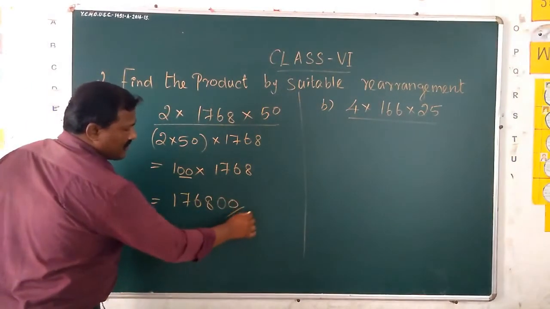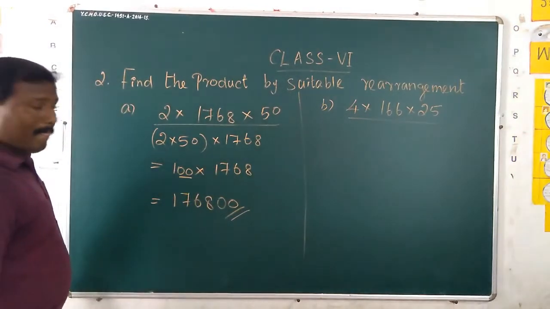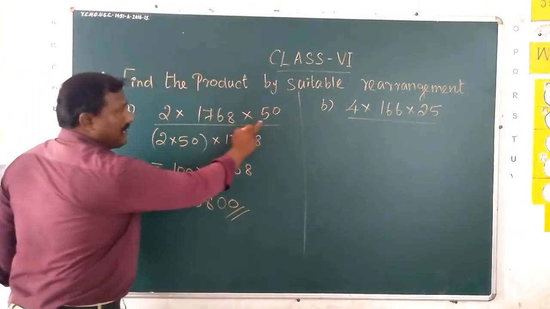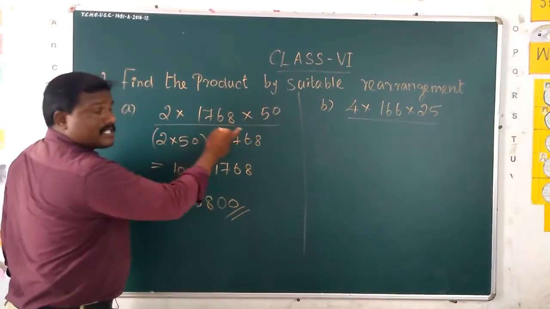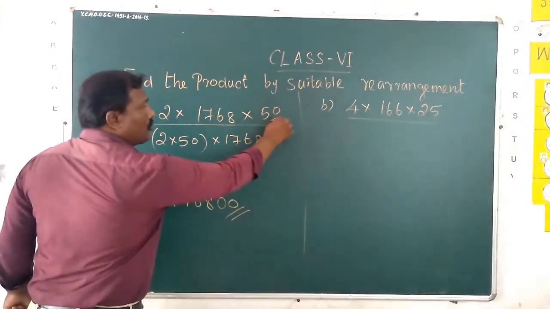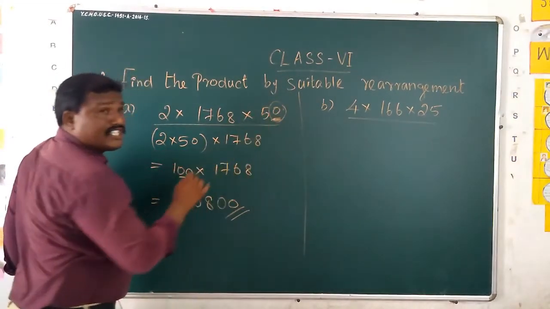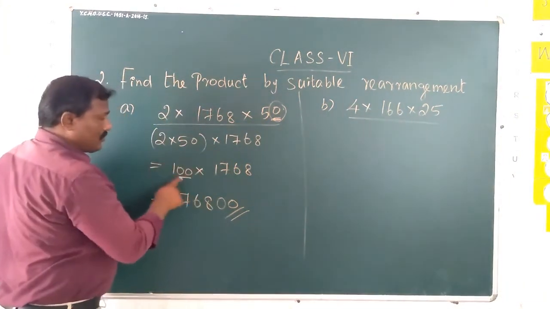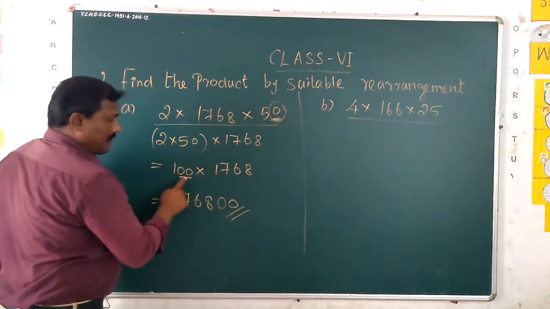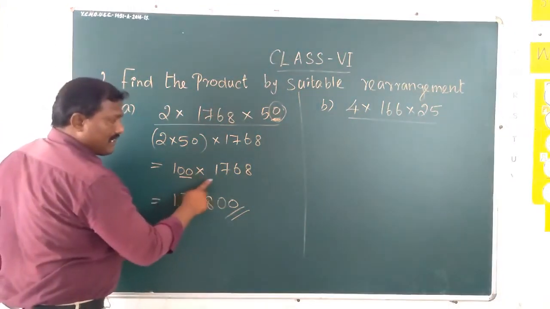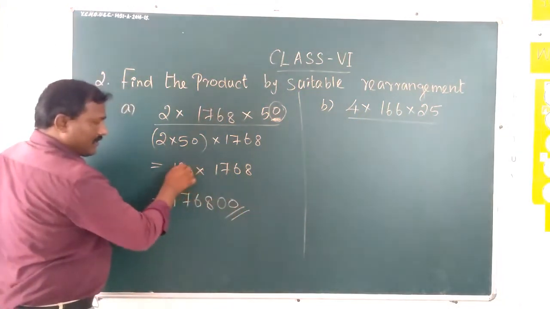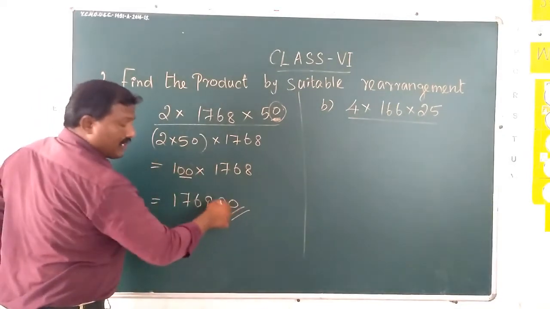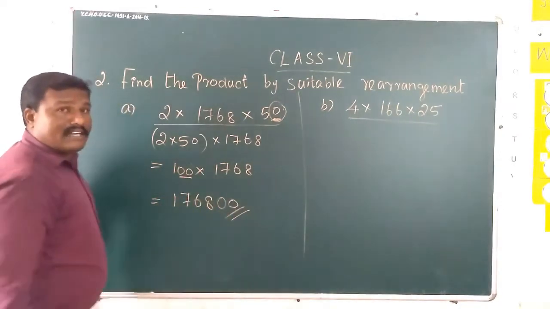Put 2 zeros. That's it. So simply I multiply the first small numbers, because the last number ends with 0, so we can easily multiply. 2 50s are 100. Again, if you want to multiply this, you take this whole number, then take only the zeros and put them in the last. So we get the answer.